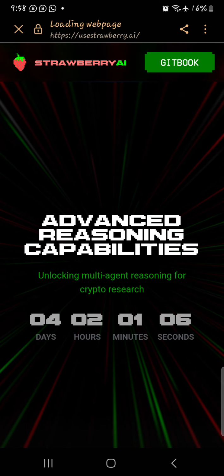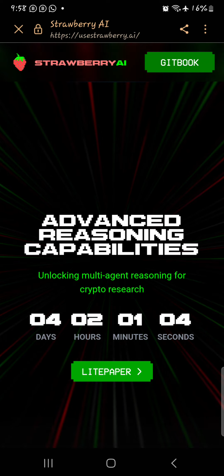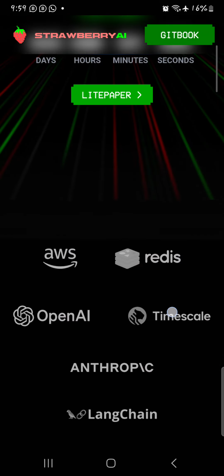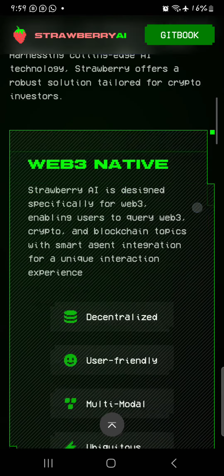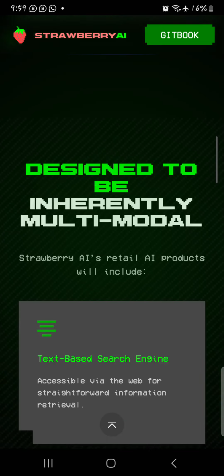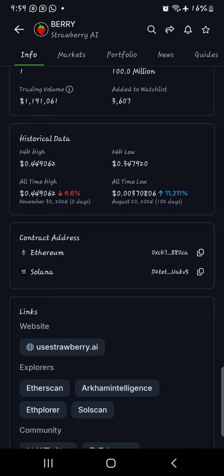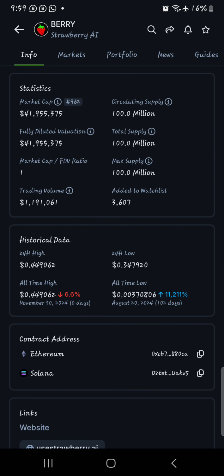Okay, let's see what they look like. Wow. 4 days. What's happening in 4 days? Web3 native. This is nice. I feel this is nice. What's their supply again? 100 million, then 0.4, right? 41 million market cap.